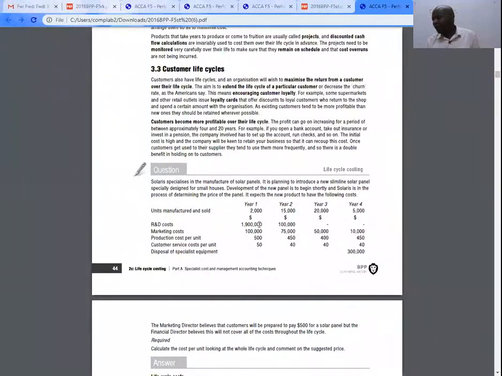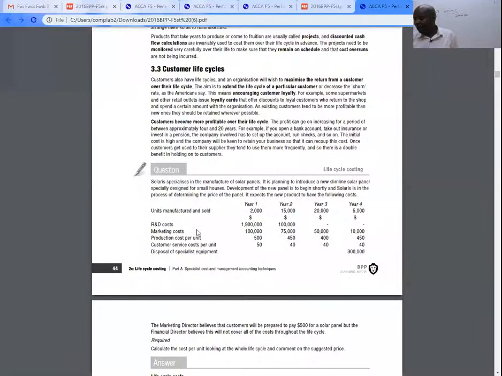I'm basically looking at the research and development cost incurred for the entire life cycle, which is 4 years. So 1.9 million plus 100,000. Could you kindly give me that answer? So we have here research and development, 2 million Kenya shillings. I hope you're able to see where I've gotten the 2 million from.